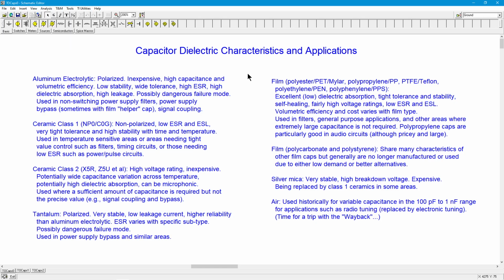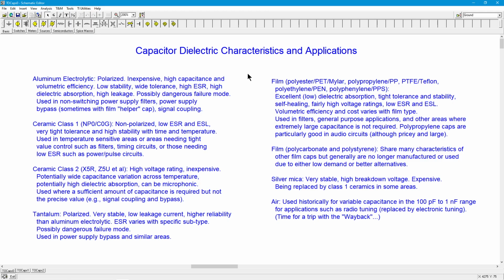All right. In the audio world, polypropylene capacitors have a really good reputation. The problem with polypropylene is they're physically large. They don't have very good volumetric efficiency, and they're pretty expensive, by like an order of magnitude compared to maybe a polyester.